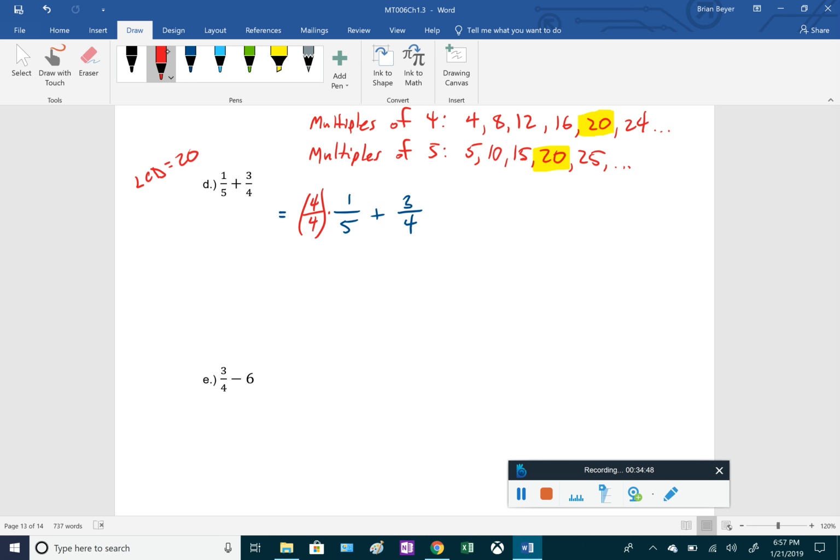To get this other denominator to 20, we have to multiply by 5. Once again, do it to the numerator as well, so we're not changing anything. For the first one, 4 over 4 times 1/5 is going to be 4 over 20. For the second one, 3/4 times 5 over 5 is going to be 15 over 20. Now they have common denominator, so we add the numerators, 4 plus 15, we get 19 over 20.